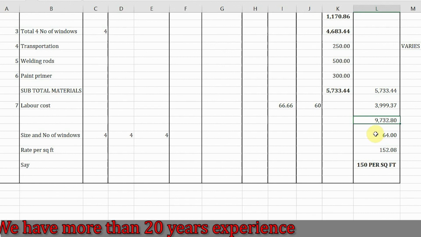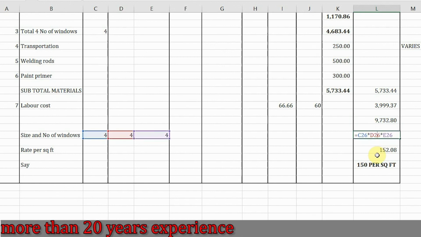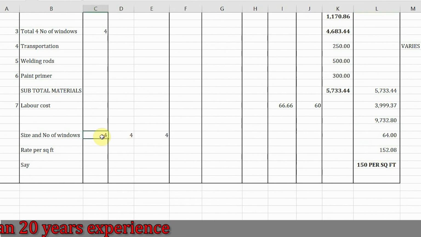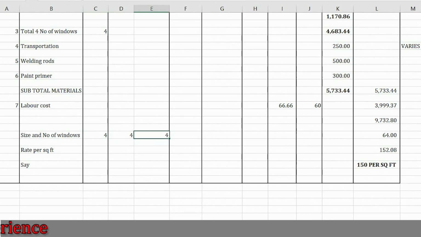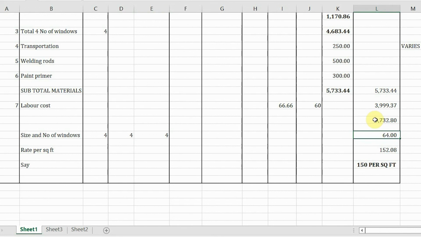Now my total area is 64 square feet, because of 4 feet height and 4 feet length and 4 numbers. Totally 64 square feet. The total amount divided by the area gives 152 rupees, which is the square feet cost.